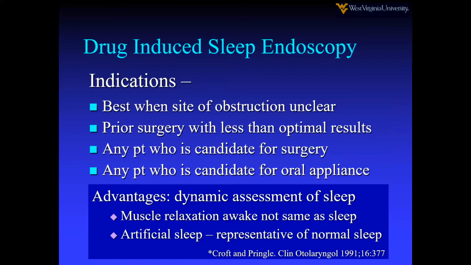And the advantage is you have a dynamic assessment of sleep obstruction, because the muscle relaxation is not the same. And again, there's no muscle tone during REM sleep, which is oftentimes a worse obstruction. And it's artificial sleep, but you do get stage 1, 2, and 3. You don't get REM sleep with propofol.